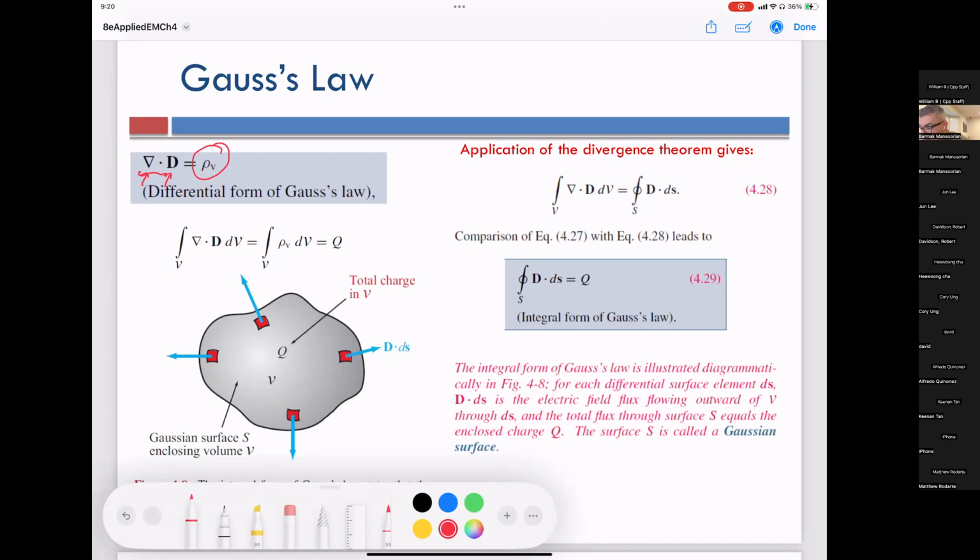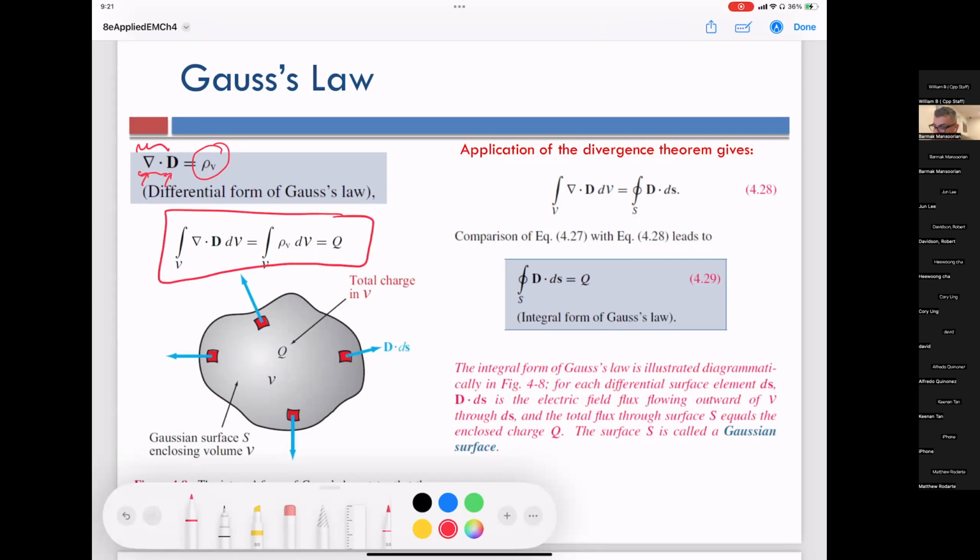What this says is if I take a volume and look at all the electric flux lines coming out of that volume, and integrate them over the entire volume, that total value tells me the entire charge inside the volume.